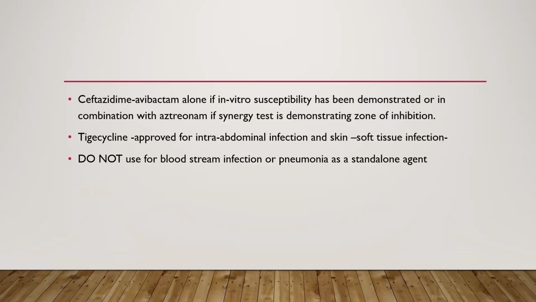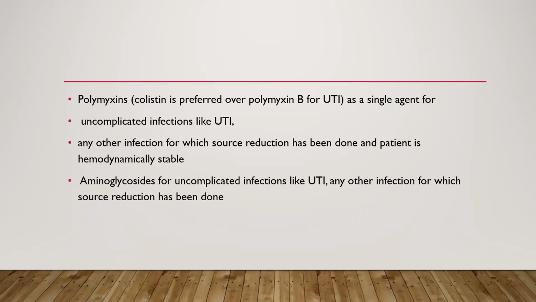Ceftazidime-avibactam alone, if in vitro susceptibility has been demonstrated, or in combination with aztreonam, if synergy test is demonstrating zone of inhibition. Tigecycline is mainly approved for intra-abdominal infection and soft tissue infection. We should not use tigecycline for bloodstream infection or pneumonia as a standalone agent. Colistin is preferred over polymyxin for UTI as a single agent.